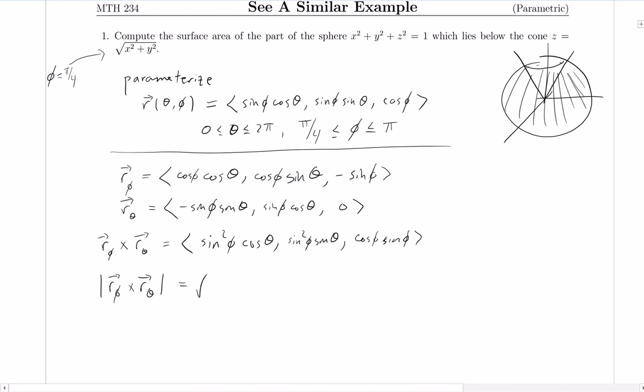So this is the square root of, and we square everything and add it up. Sine to the fourth phi cosine squared theta plus sine to the fourth phi sine squared theta plus cosine squared phi sine squared phi.